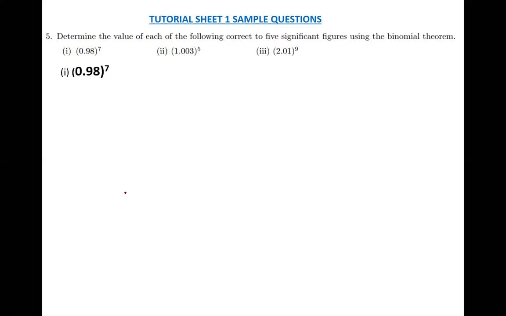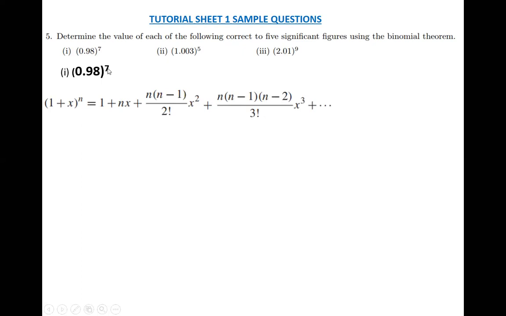First of all, we'll start with this same one here, which is 0.98 to the power 7. Since we know that we are supposed to use this extension, we have to express 0.98 to the power 7 in the form 1 plus x to the power n.